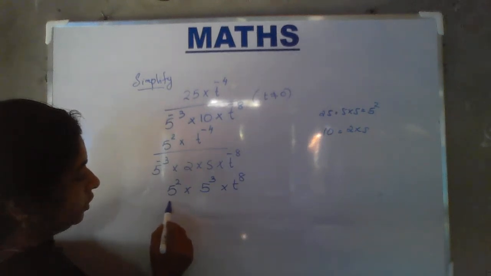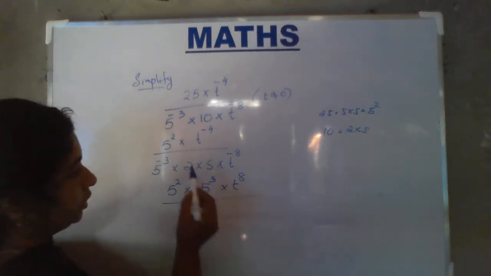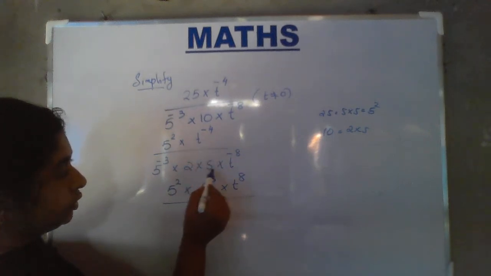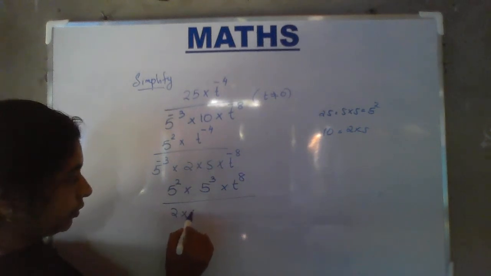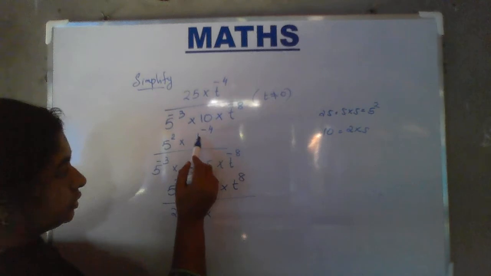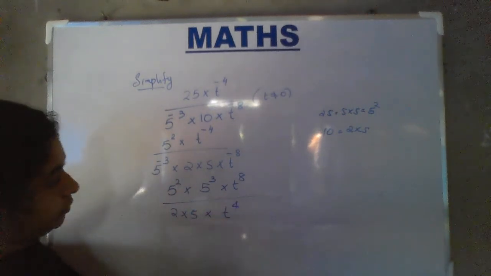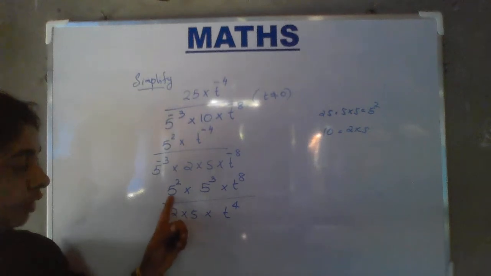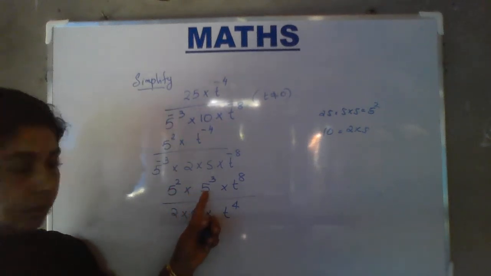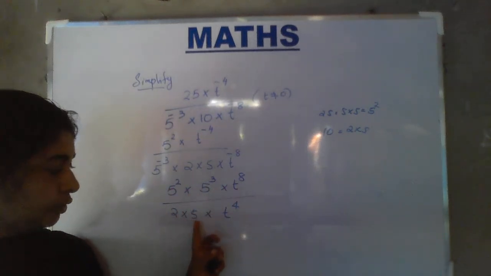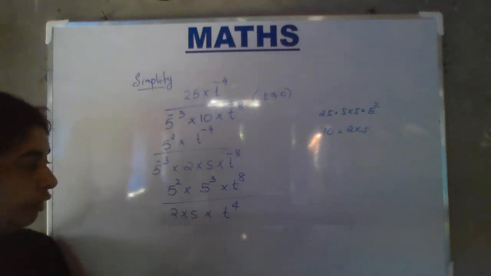Divided by 2 into 5 into t raised to minus 4, which comes to the denominator and becomes positive. Now we get 5 raised to 2 into 5 raised to 3 into t raised to 8 by 2 into 5 into t raised to 4.